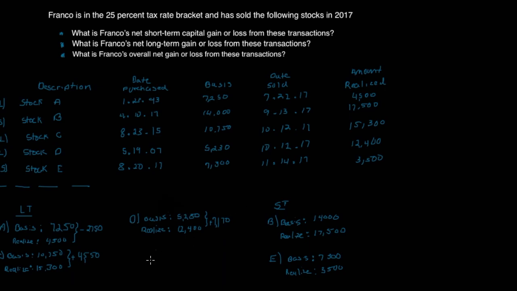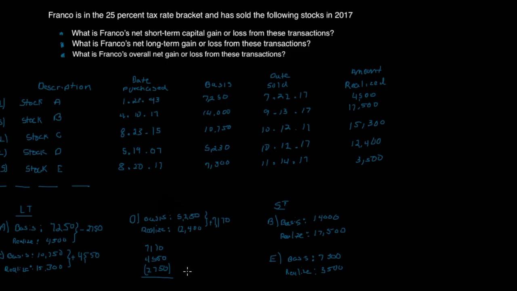So what you'll do is first you'll take all of your long-term and you'll go ahead and net those. You'll net those separately from your short-term capital gain or loss. What you'll do is you will have 7,170, 4,550, and then you'll have your 2,750, and that is a negative amount indicating a loss.